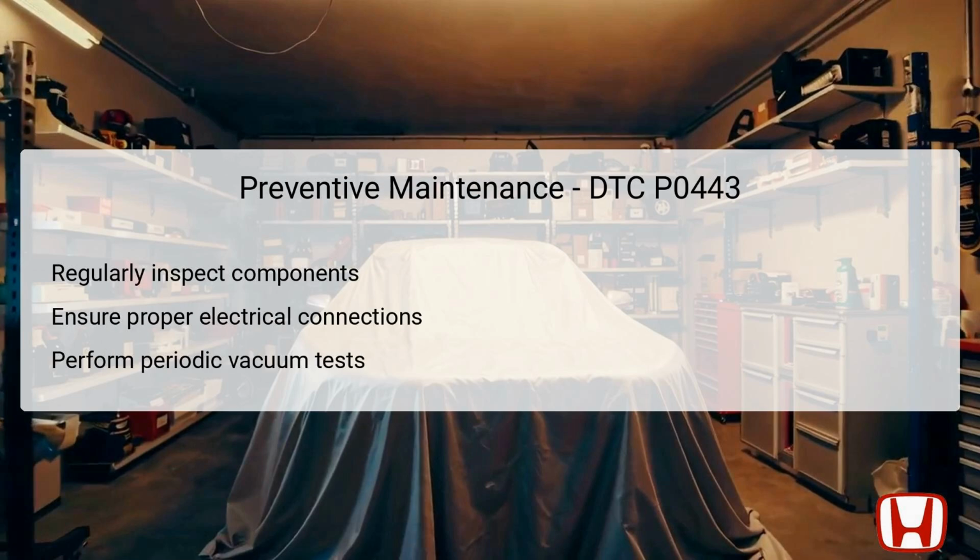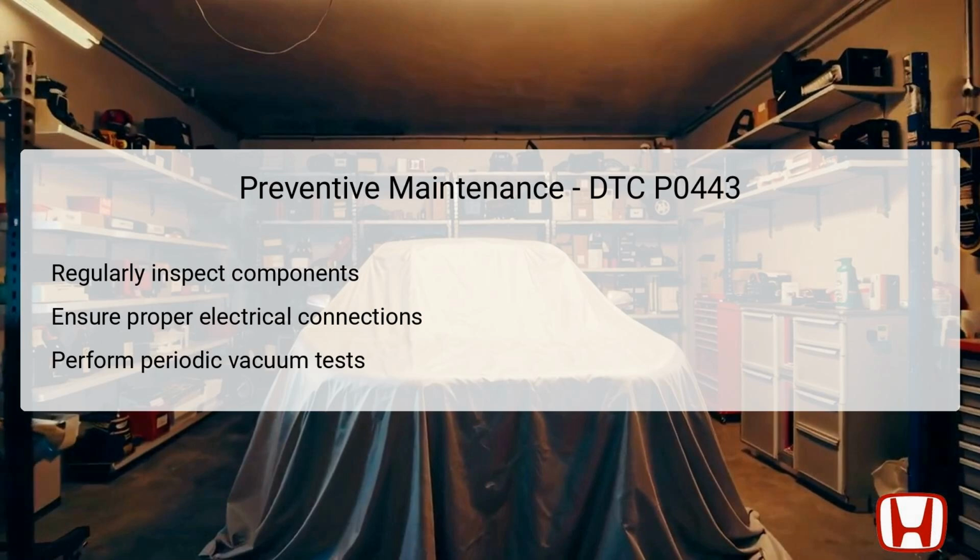Preventive maintenance is essential to avoid the recurrence of issues related to DTC P0443 and ensure the EVAP system operates optimally. Regular inspections of the EVAP Canister Purge valve and its connections can help identify early signs of wear or damage.